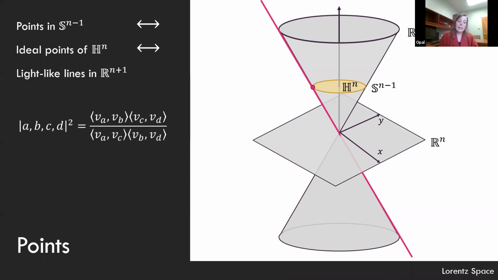When we're looking at the absolute cross ratio of 4 points on the n-1 sphere, there's a relationship between that, if you square it, and a formula involving the Lorentz inner product of 4 chosen vectors to represent those points.